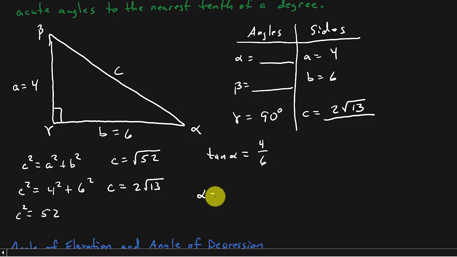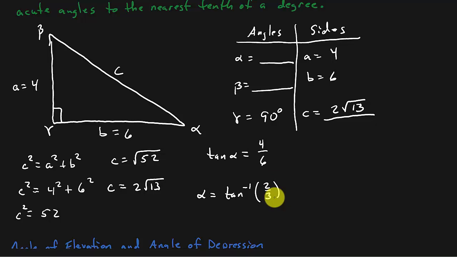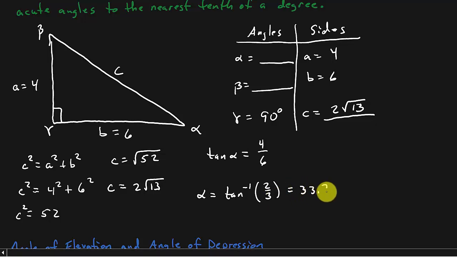So this tells me that alpha is the inverse tangent of 2/3. So second tan of 2 divided by 3, that is 33.7 degrees.